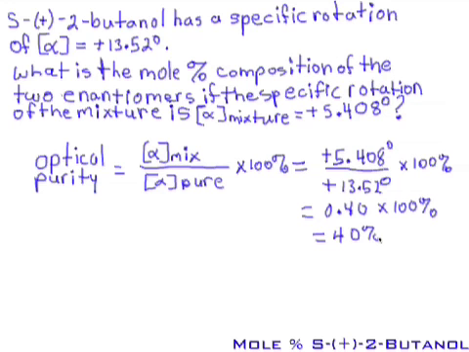Optical purity is 40%. What does that mean? That means 40% of the sample is rotating light. That's what optical purity is. And since it's rotating light, that 40% is S2-butanol.